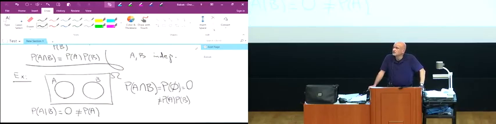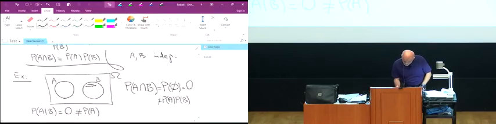Yeah? By definition, we're saying that A cannot happen if B happens. That's right. That's our definition, but A can still happen in the same outcome space, right? Not if I have told you that B has already happened. If I've told you that B has already happened, then this is your new sample space.